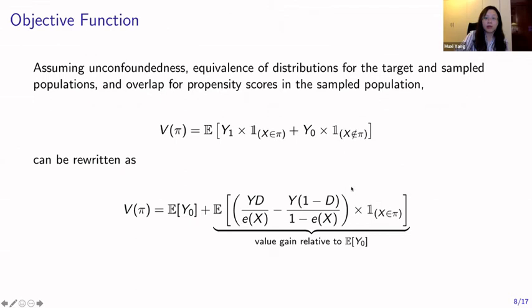Then we can rewrite this value function as the baseline value without treatment and the value gain relative to it. Under some important assumptions, which are valid in our RCT setting, the value gain part can be rewritten using the inverse propensity or probability weighting estimator, which is equivalent to a difference in means estimator in this RCT setting.